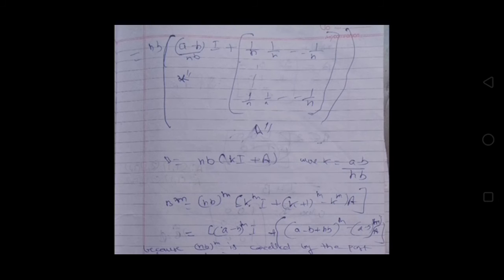Now we can take nb outside from both the quantities, which will become equal to nb into [(a minus b) divided by nb into identity matrix plus a matrix whose all entries are 1 by n]. So now we can denote this matrix in which all the entries are 1 by n as matrix A, and (a minus b) divided by nb is equal to k.